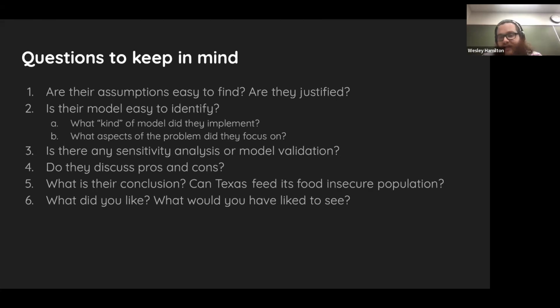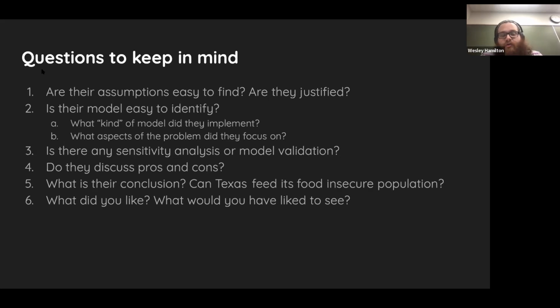Do they actually answer the question? How easy is it to find the answer that they give, etc. And in general, what aspects of the submission did you like? What aspects could have been improved, or what would you have liked to have seen in their submission?